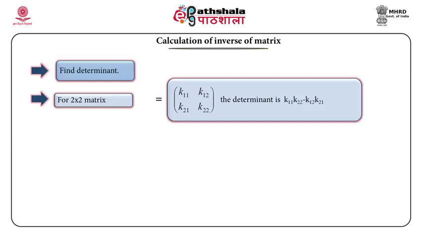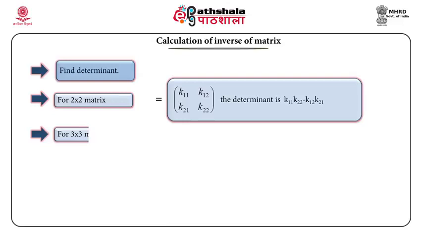So no wonder if I say K21, with suffix 21, it lies in the second row and first column. To find the determinant, you need to multiply the diagonal elements K11 and K22, minus the other diagonal elements K12 and K21.